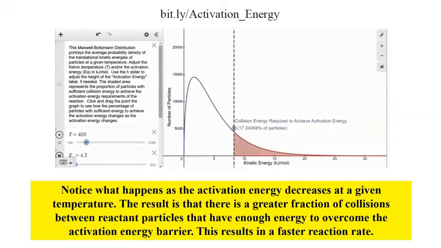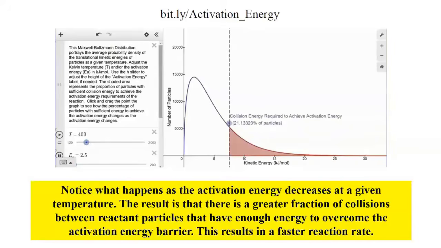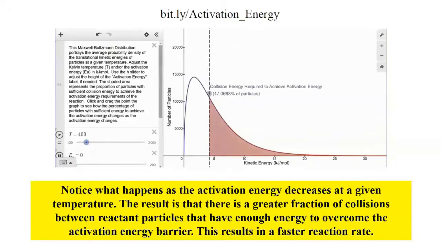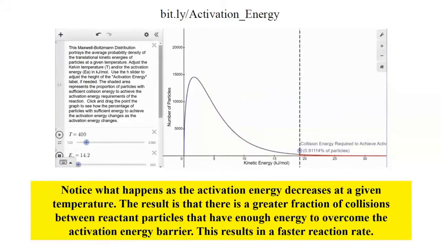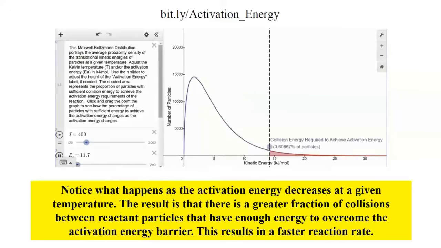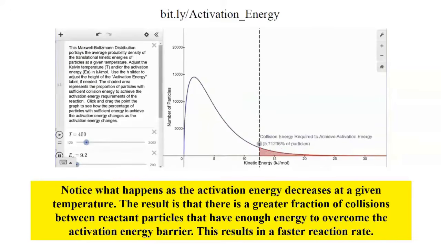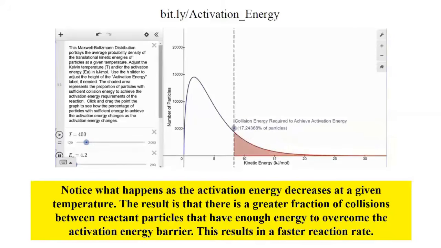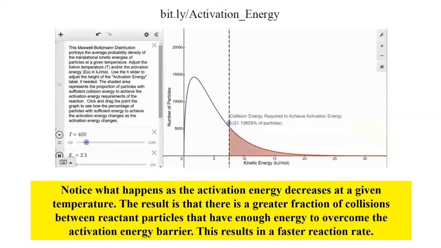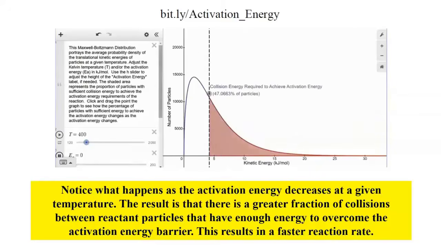Notice what happens as the activation energy decreases at a given temperature. As you can see how that shaded area under the curve is changing, there is a greater fraction of collisions between reactant particles that have enough energy to overcome the activation energy barrier. And that would result in a faster reaction rate.